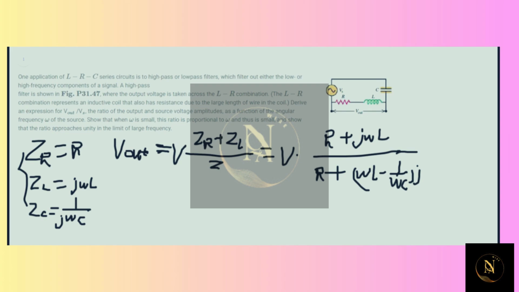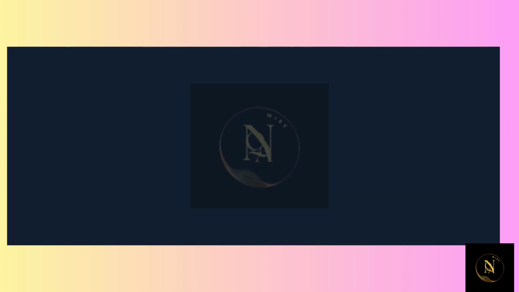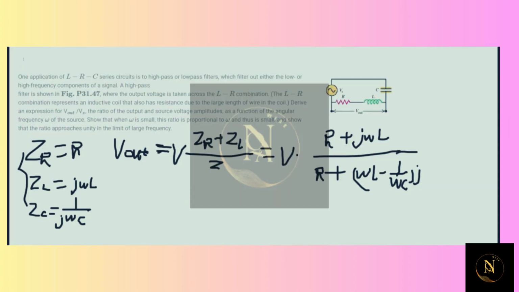Then you need to figure out the amplitude of this result. I label this by tilde. The true V out will be V times the amplitude of this complex number.